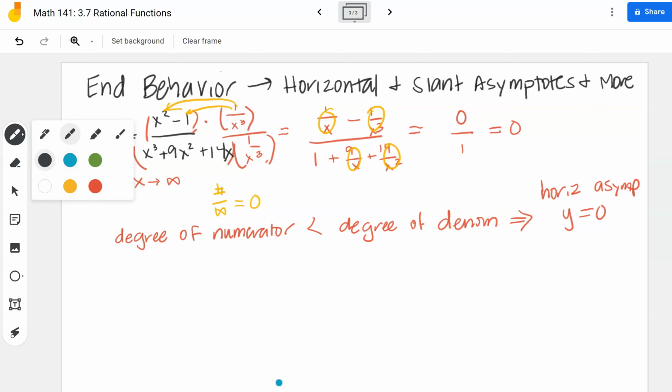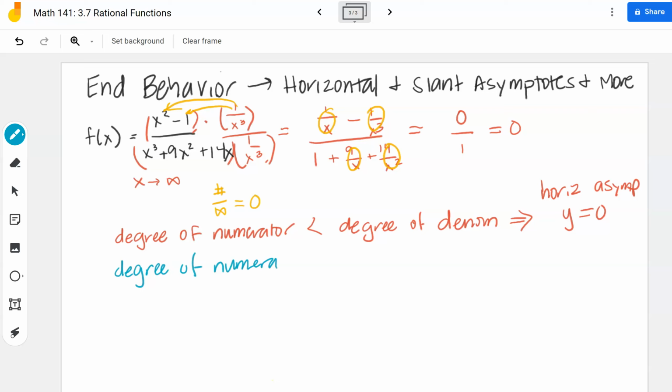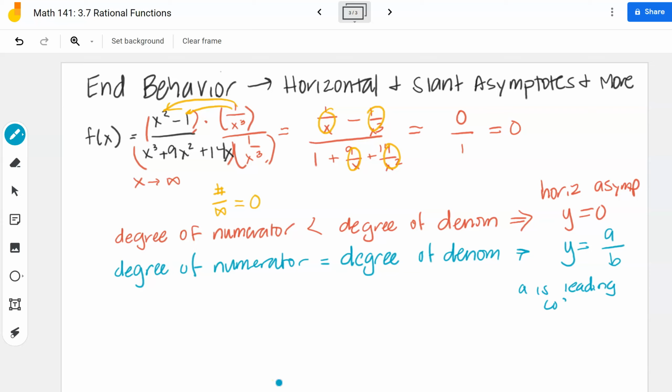Anytime that the degree of the numerator is equal to the degree of our denominator, then we can use that same trick, and it's still going to be a horizontal asymptote, but it's going to be y is equal to a over b, where a is the leading coefficient of the numerator, and b is the leading coefficient of the denominator.